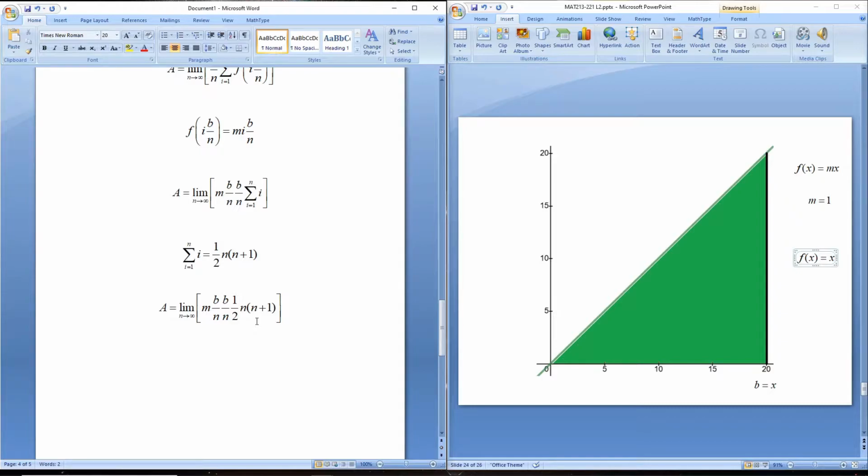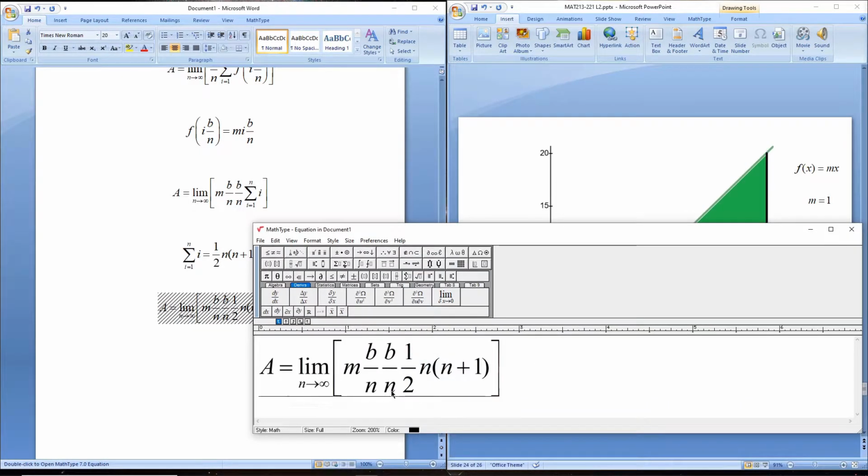and now we want to do this limit. But before that, let's clean this up a little bit. So for instance, we have an n that can divide out in one of these positions. b times b would get us a b squared. And what we're going to do is we're going to take the n in the denominator and distribute that into the parentheses.